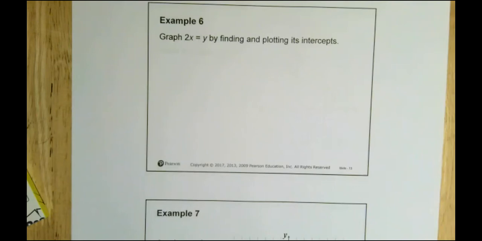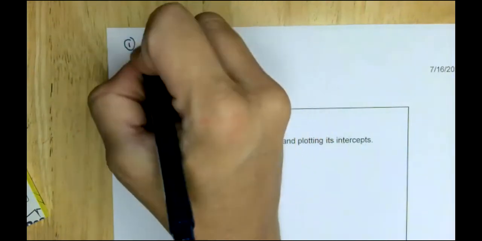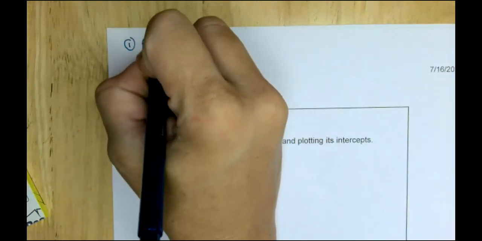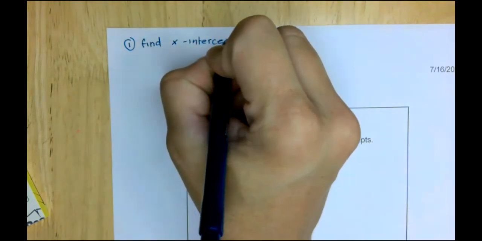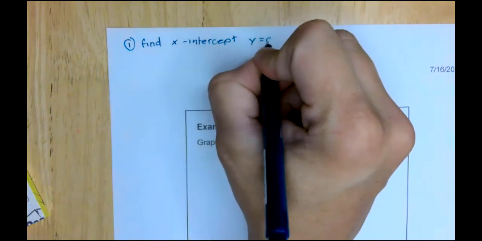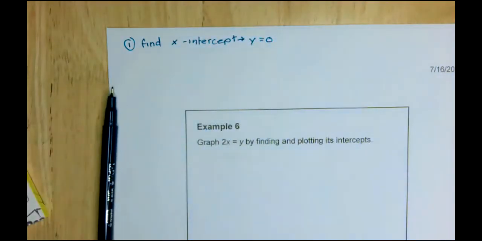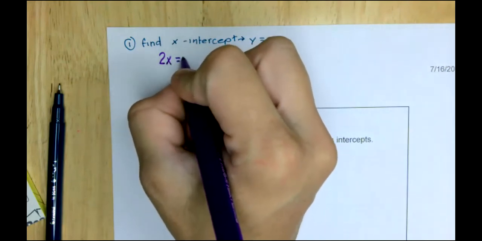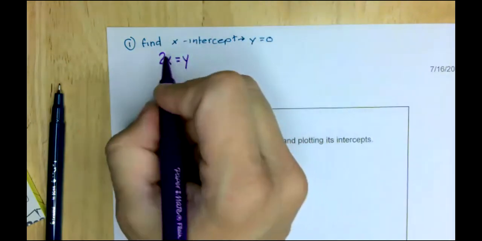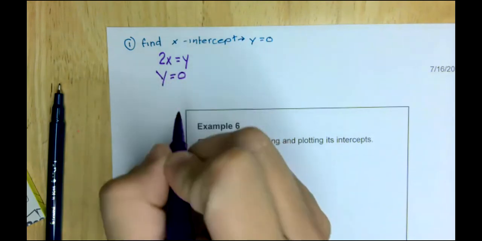Okay, so let's find the x-intercept, just like the notes say. Find the x-intercept by making y equal 0. So it was 2x equals y. Oh, sorry. So y equals 0, right?